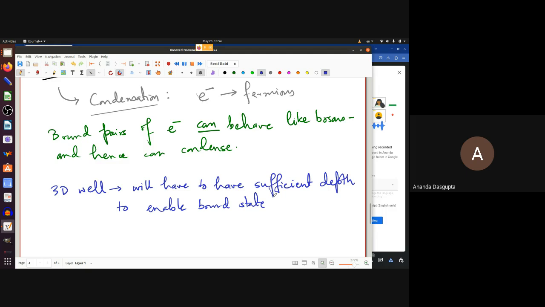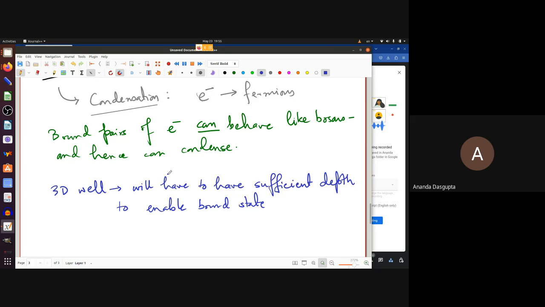The other issue is even if we somehow could cook up a situation where electrons attract each other, we wouldn't expect the attraction to be too large. But in three dimensions, as we know from the standard simple problem of a three-dimensional potential well, unless the attraction is strong enough, you don't get a bound state at all. And contrast this with the one-dimensional case. In a one-dimensional potential well, again elementary quantum mechanics, you always have at least one bound state.